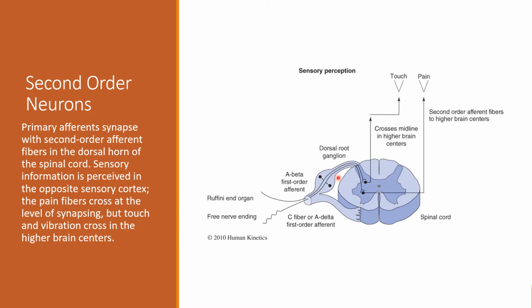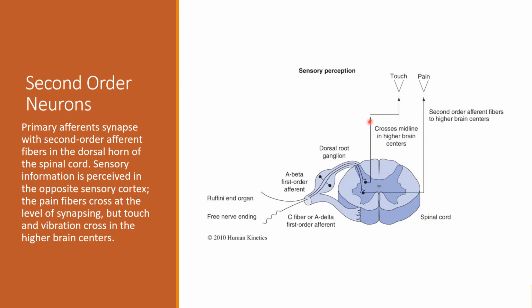They're going to synapse with second order neurons, and then the pain crosses over the spinal cord and goes up as pain, but in that same area we'll see touch is also being sensed at the same time, but it does not cross. It does not cross till later.